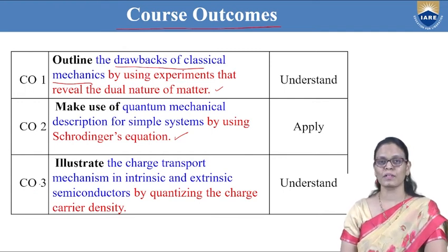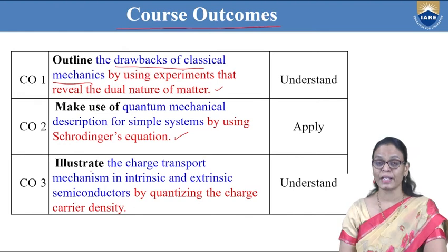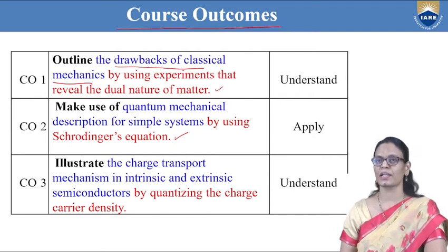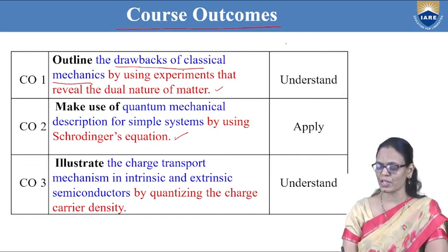Then the third one, CO3, talks about illustrating the charge transport mechanism in intrinsic and extrinsic semiconductors by quantizing the charge carrier density. When I'm talking about the COs, I'm also mentioning the Bloom's taxonomy level, which level they are learning here.